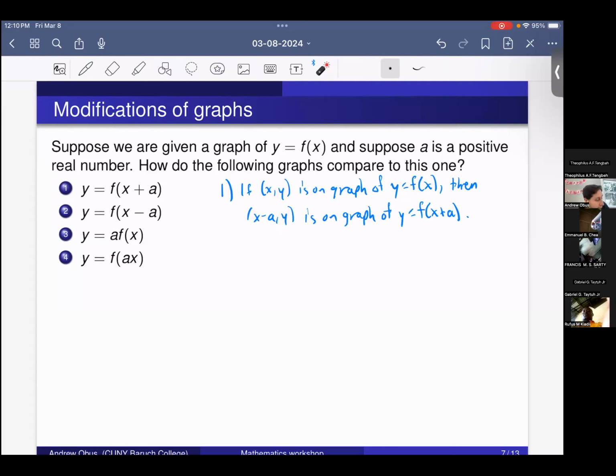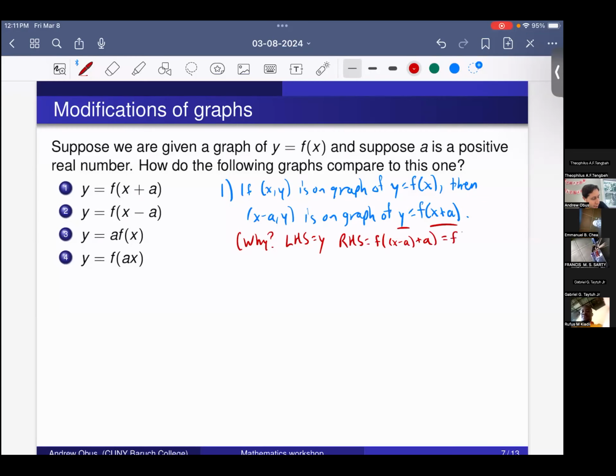Well, let's plug it in. So I'm looking at y equals f of x plus a. So the left-hand side is equal to y. And the right-hand side is equal to f of, well, I have to plug in x minus a plus a. And this is equal to f of x, because x minus a plus a is equal to x. And this f of x, we already said, is equal to y.